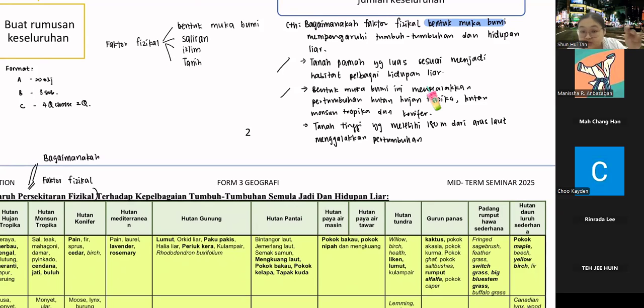Now, in this situation, you have to be careful. If the top one mentioned Malaysia, then you can straight away say hutan gunung. If it is not mentioned in Malaysia, they just ask you bentuk muka bumi, then probably you have to explain about the name of the plant. Pertumbuhan periuk kera, pertumbuhan paku pakis.